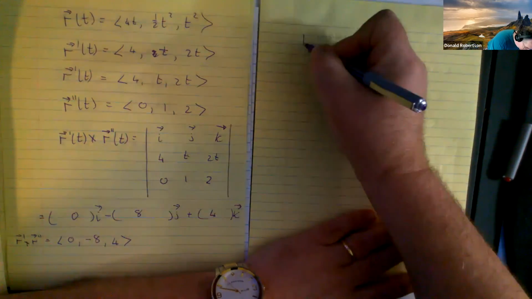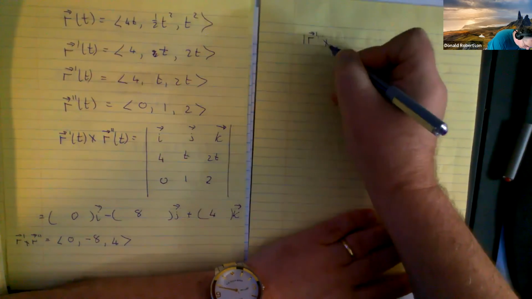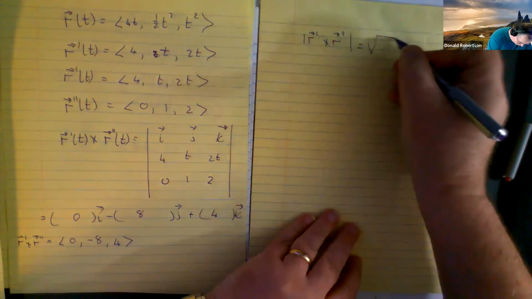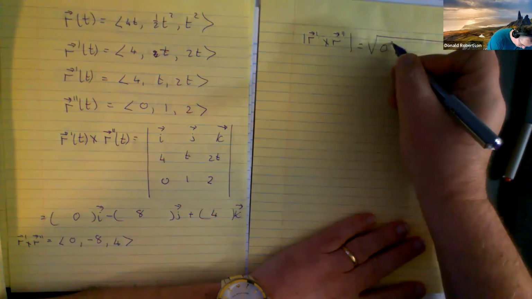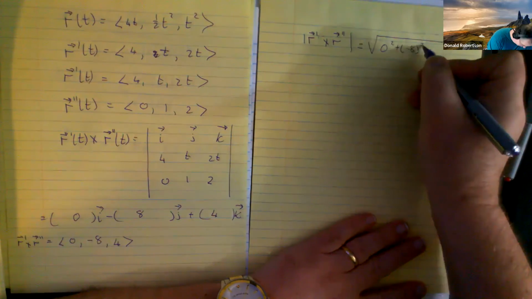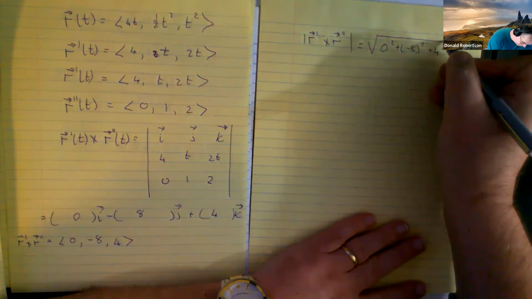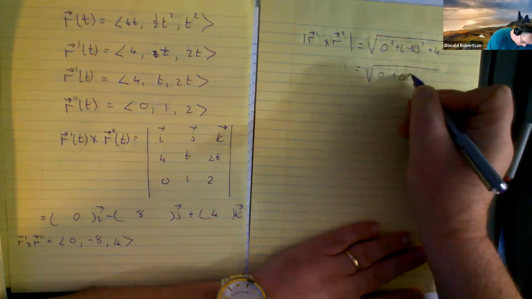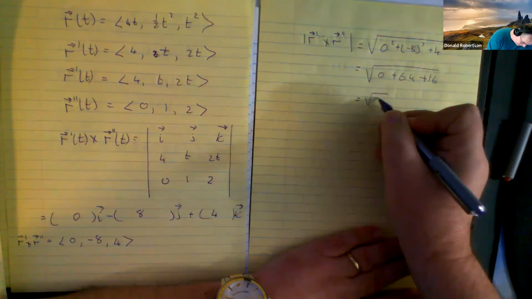So I need to know the magnitude of that cross product. So it's the square root of 0 squared plus negative 8 squared plus 4 squared. So it's the square root of 80.